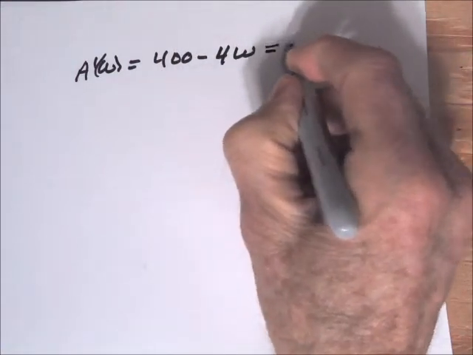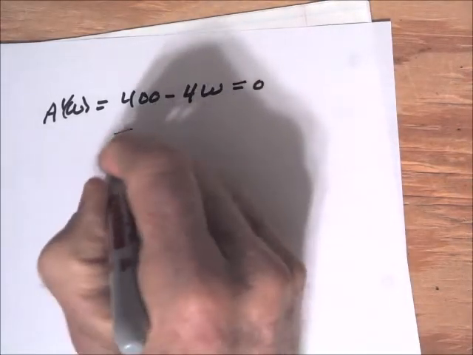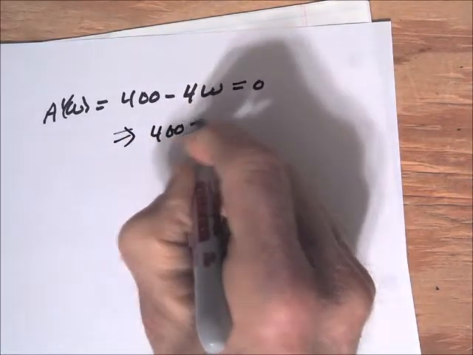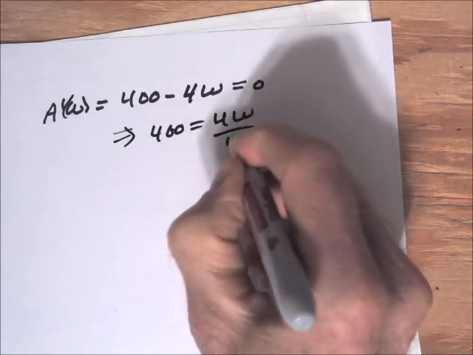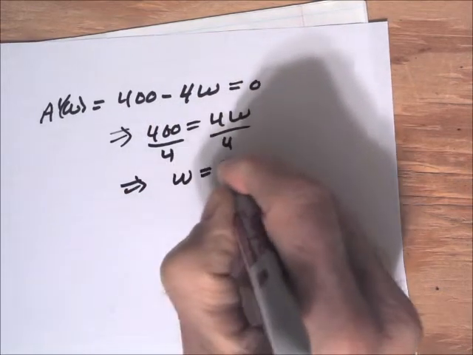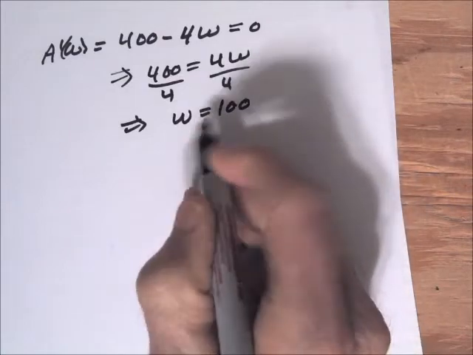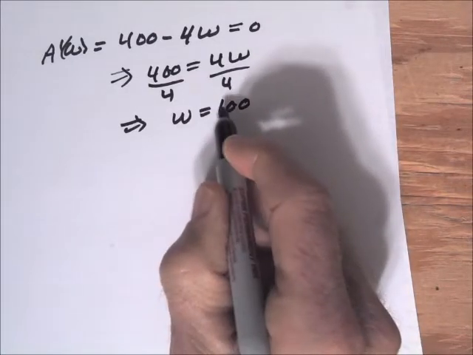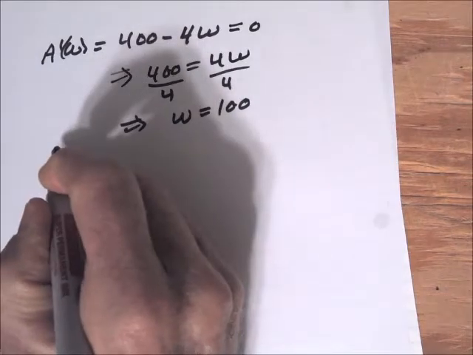So we want to set this equal to 0 and solve for W. That means that 400 is equal to 4W. If we add 4W to both sides, divide by 4, you get W is equal to 100. So the critical number is 100. That will make the derivative 0. And then we have the two endpoints, 0 and 200.